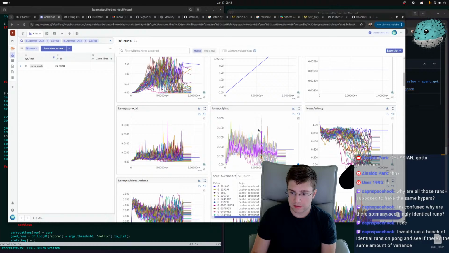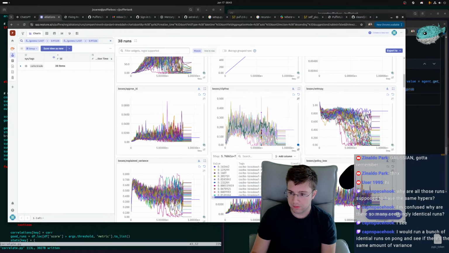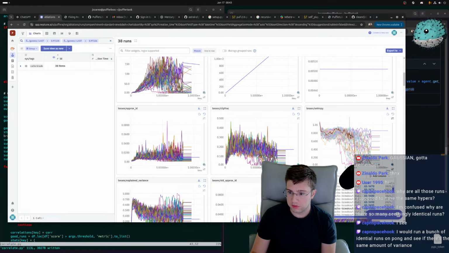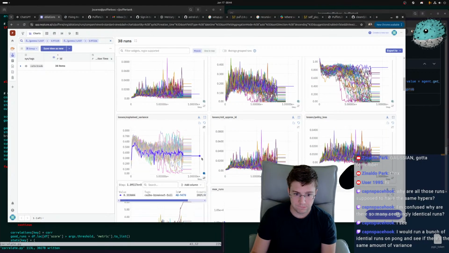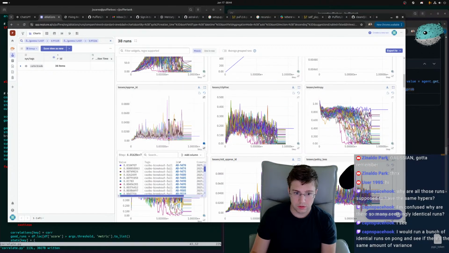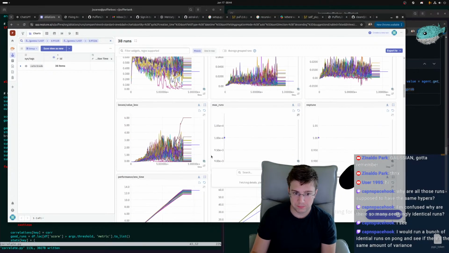So our clip frac is not terrible. We can see entropy is all over. Policy loss is reasonable. I mean, these don't look terrible.